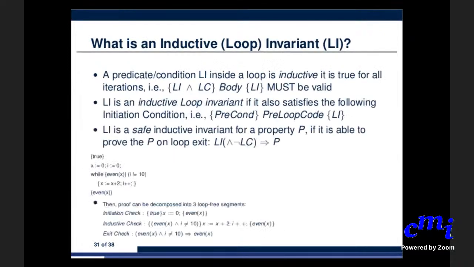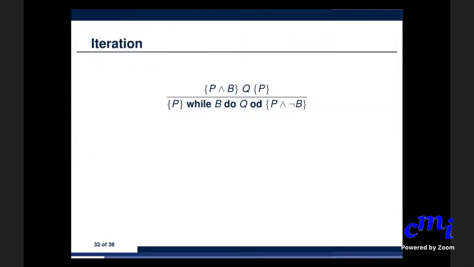So let's first look at the inference rule for a loop, that specifies how to derive a Hoare triple for the command that denotes a loop, in this case the while command, in terms of the Hoare triple that you have for the body of the loop.